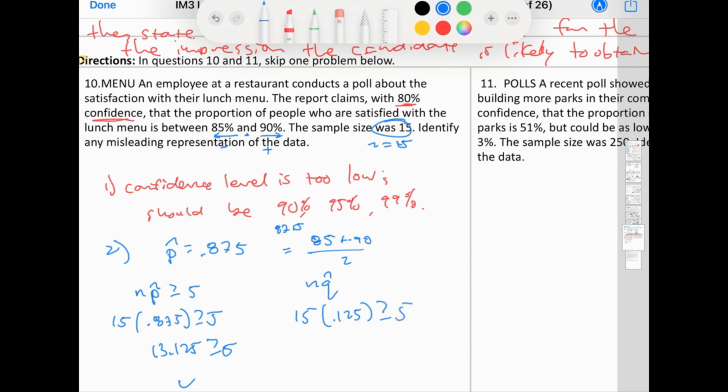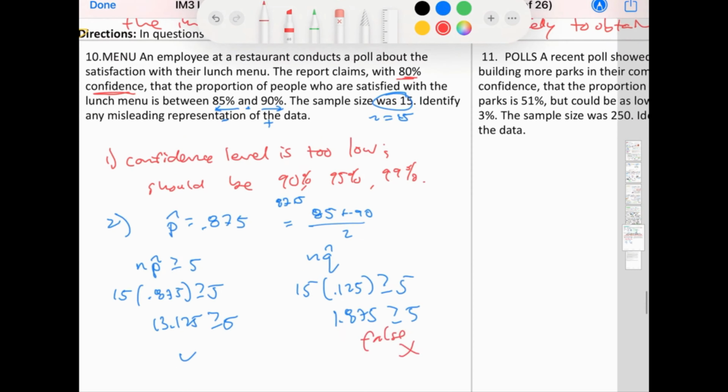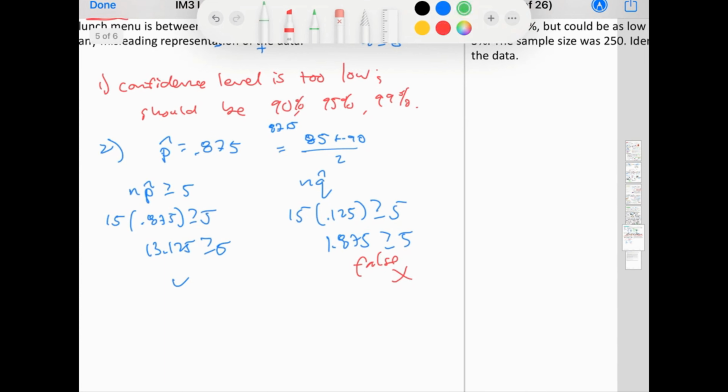Is n times q greater than or equal to 5? So 15 times 0.125 gives me 1.875, and this is false. It's not greater than 5. So there we can say our sample size is too small. Right?